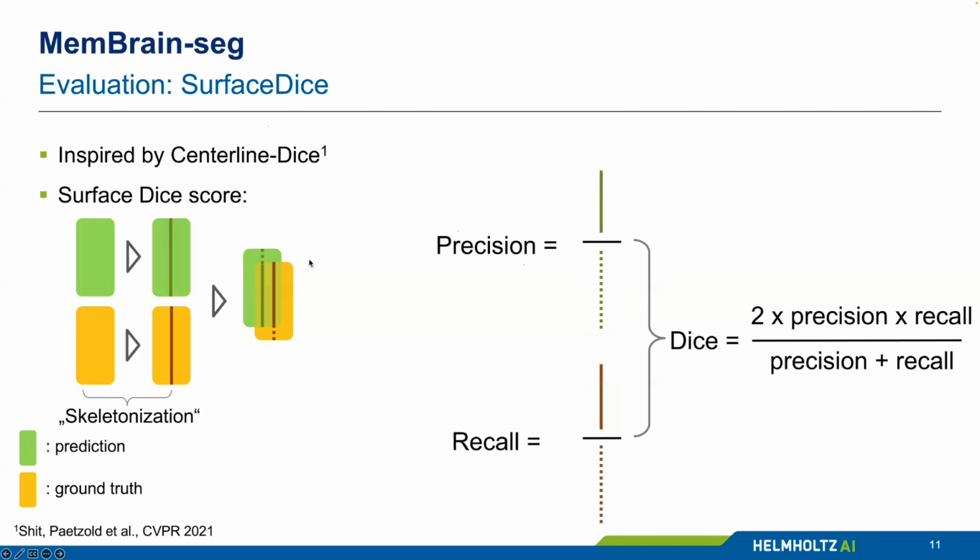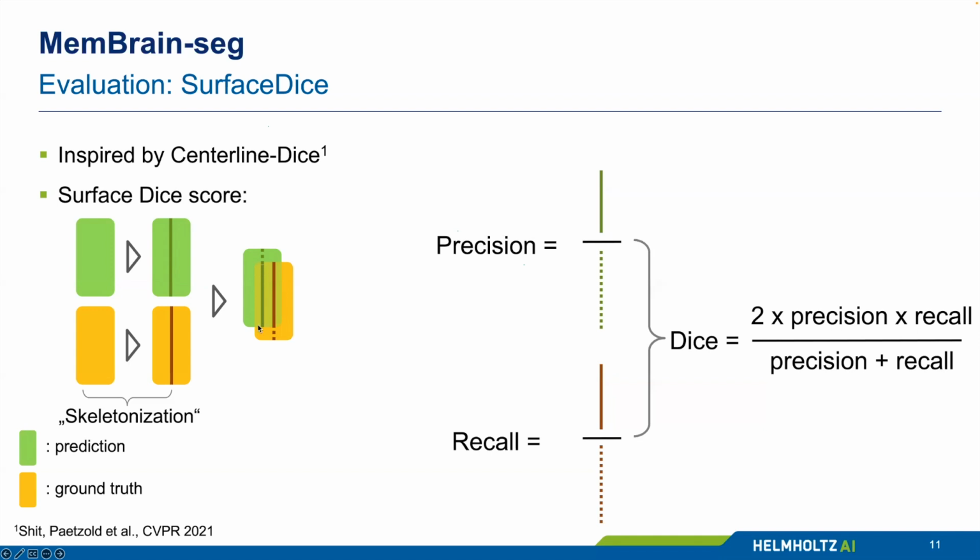So what we do instead is this surface dice, where we don't really compute these overlaps on a pixel level, but instead what we do is that we skeletonize the segmentations. So we take this prediction segmentation and we skeletonize it to a one voxel thick sheet, indicated here by this dark green line. And then we don't compute also the pixel-wise overlap fractions, but we look at these skeletons.